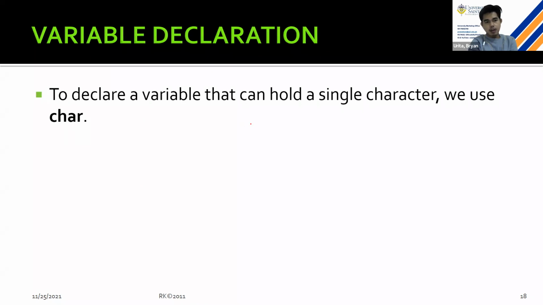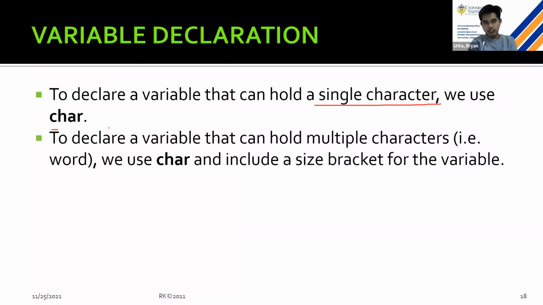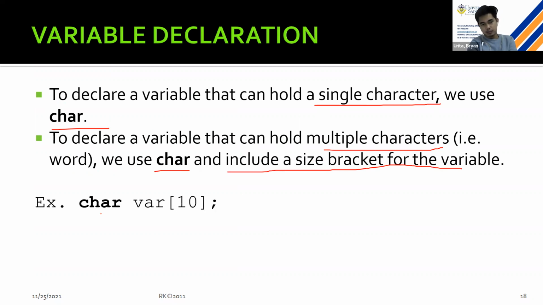To declare a variable that can hold a single character, we use char. To declare a variable that can hold multiple characters, we use char and include a size bracket for the variable. This will be an advanced topic. So this is now an array, okay?